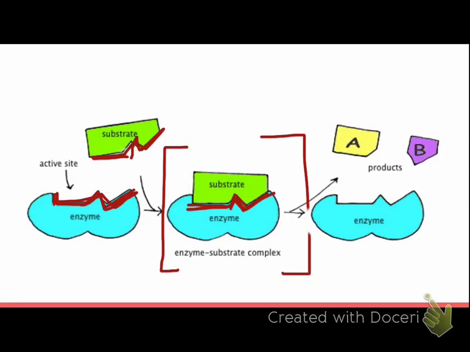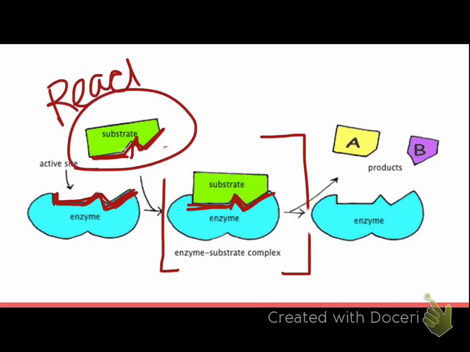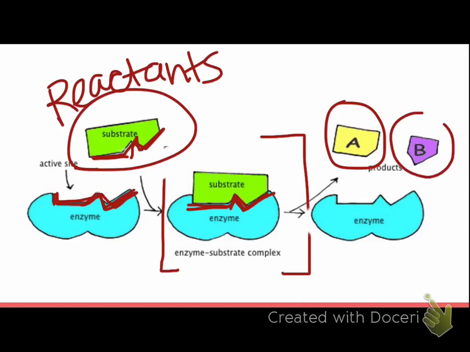So I started out with this green guy here as my substrate. That was my reactants, remember? Reactants. And then I'm left with my products that I end up with here.